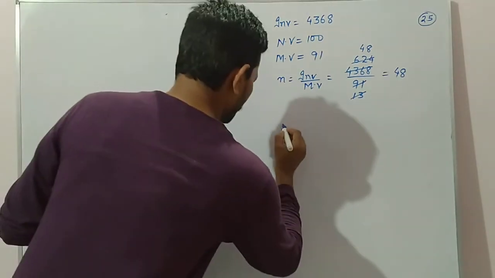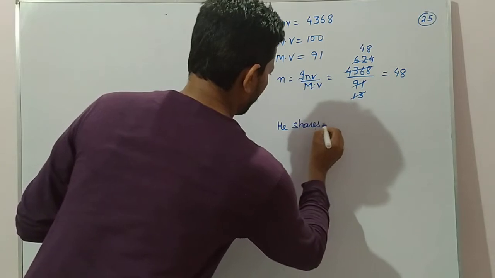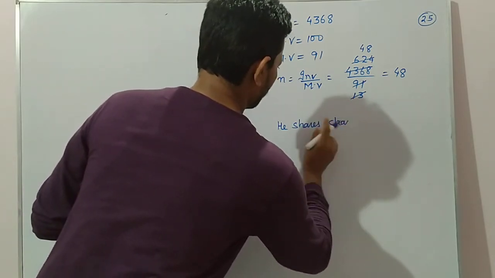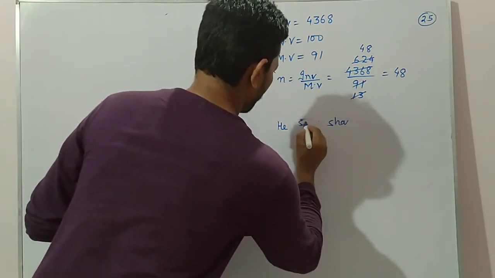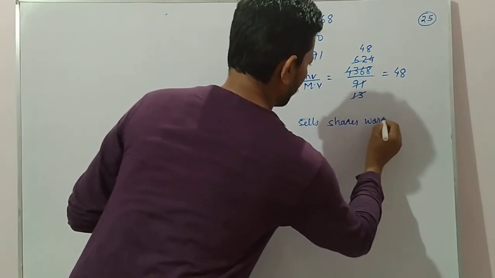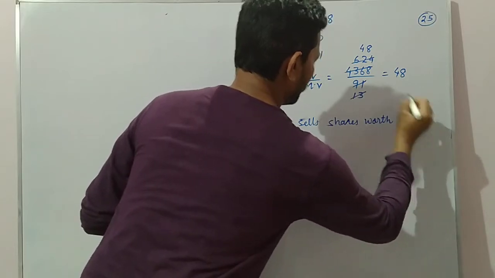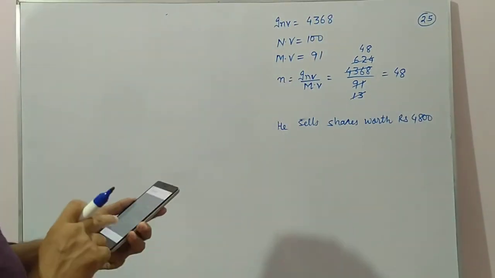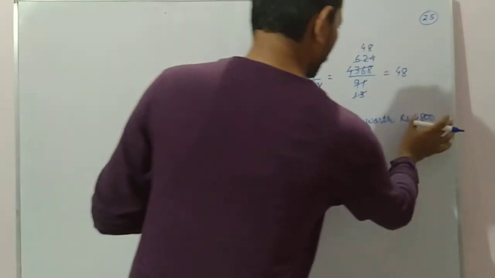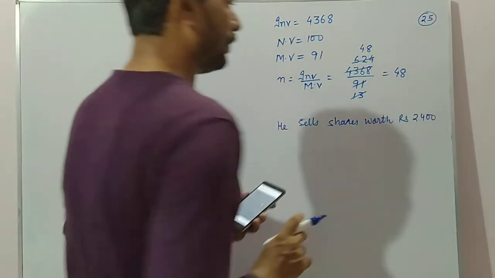So he sells shares worth rupees 2400. Worth rupees 2400 means what?